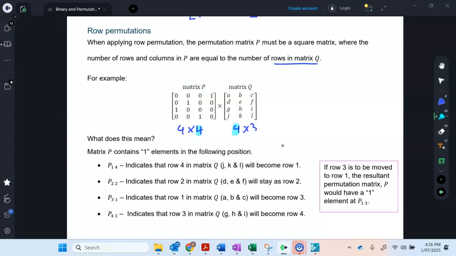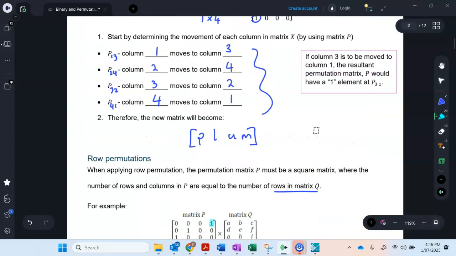So matrix P contains one element in the following position. So remember, we only have the number 1 occurring once in each row and each column. So here is in row 1, column 4. So that indicates that row 4 will now become row 1. All right, so see how it's switched in a way.